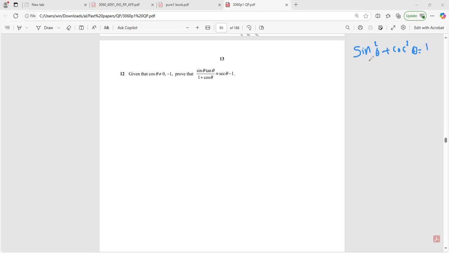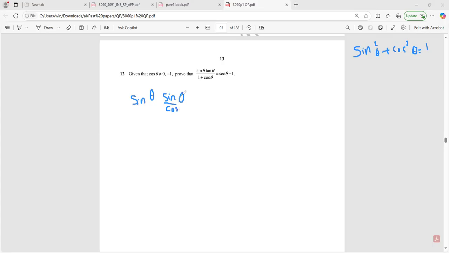So the sine squared will be 1 minus cosine squared, and the cosine squared will be 1 minus sine squared, of course. Here, I'm going to write sine theta and change the tan to sine over cosine theta.